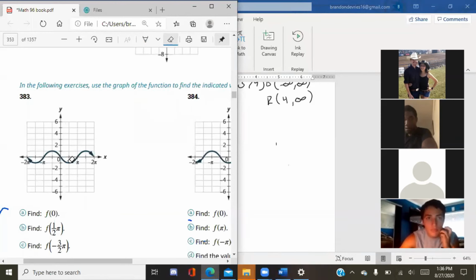So it'd be half pi, -1. Would that work? How do you find half of pi? 3.14 divided by 2, and that's 1.57.